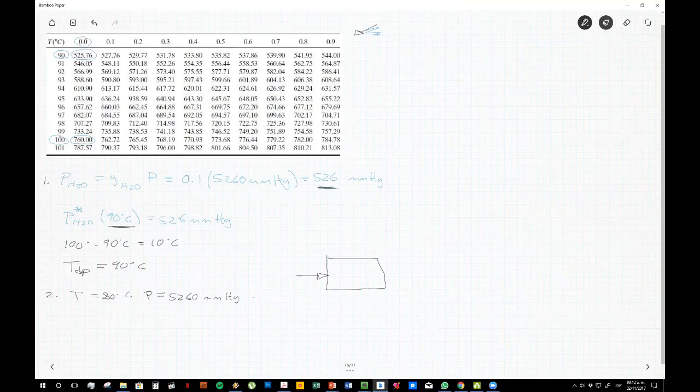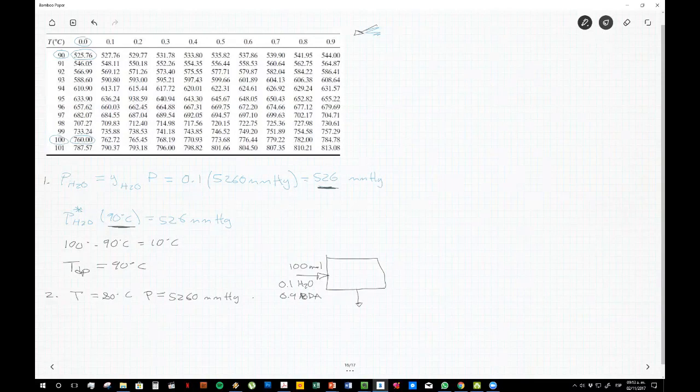Let's say that we have 100 moles, it doesn't matter exactly how much, because we're going to calculate the number of moles of it. So we know that we have 0.1 of water and 0.9 of bone dry air, right? So completely dry air.